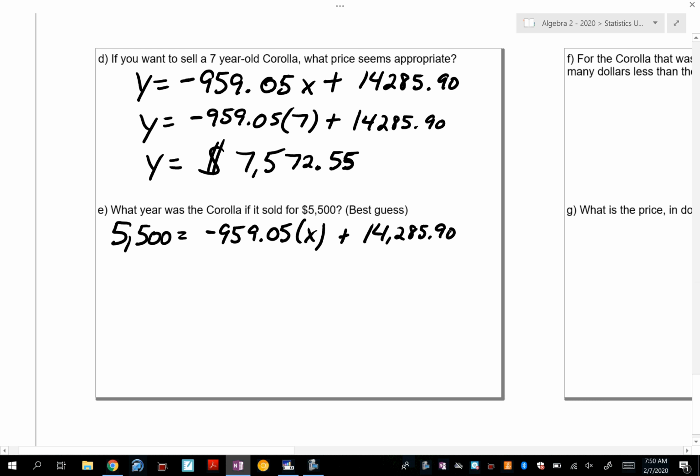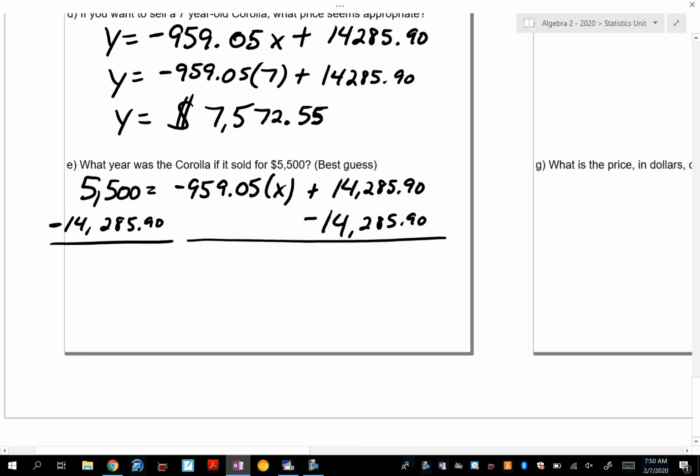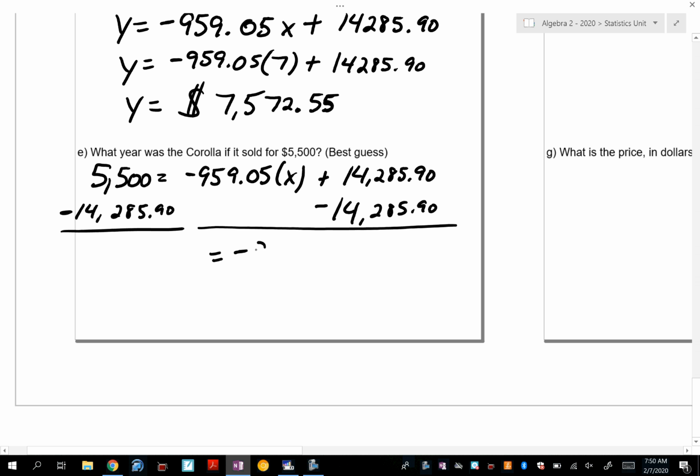Okay, so now it just becomes something you would have done in Algebra 1, where we move over the Y-intercept first by subtracting. So I know I have negative 959.05x over here.